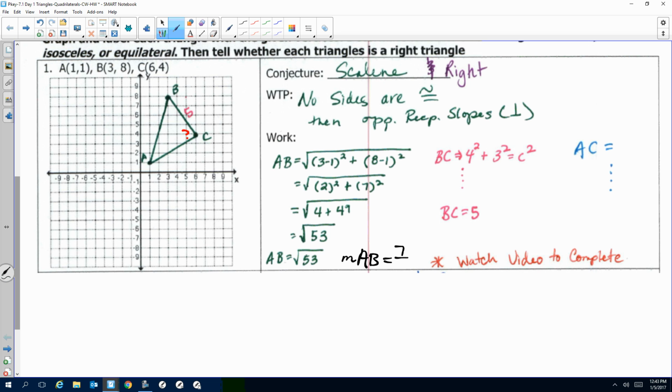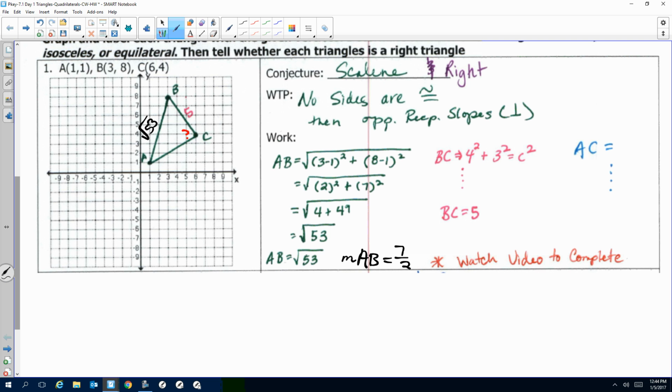Hopefully we see 7 over 2. Okay. Notice these two numbers here are right there in the distance formula. So if you use your slope, you can use it to find your distance, and I'll show you a shortcut for that as well. Okay, so this comes out to be square root of 53. The distance, the length of AB is the square root of 53.